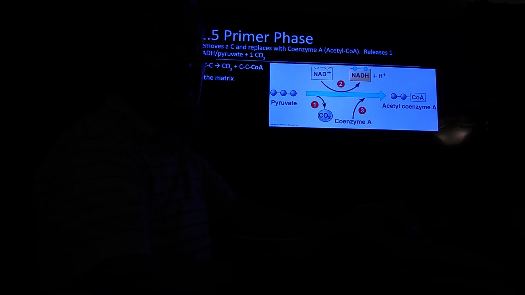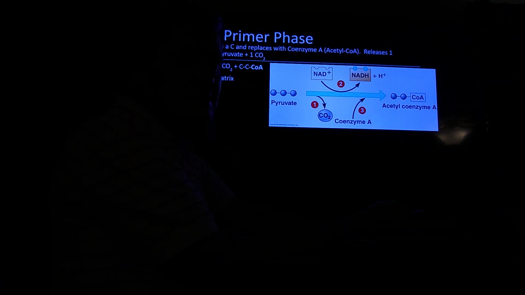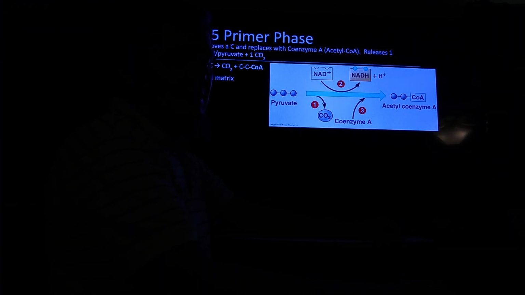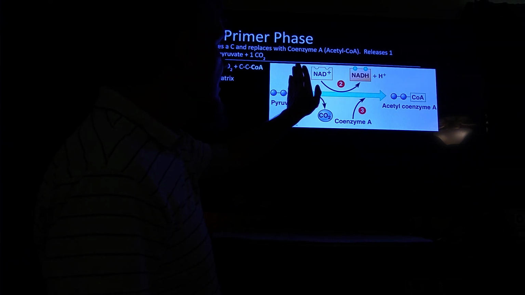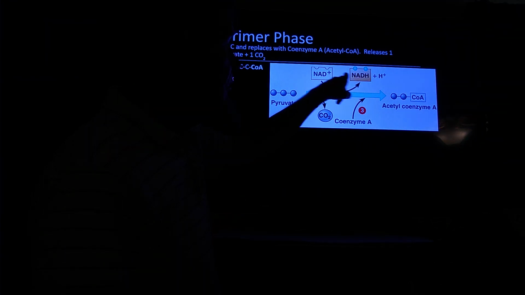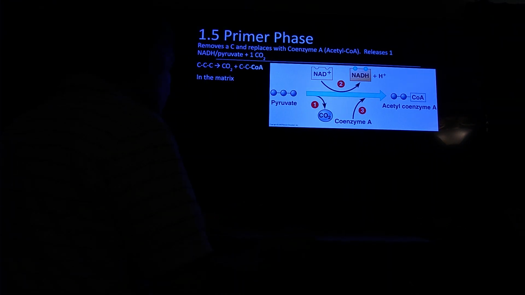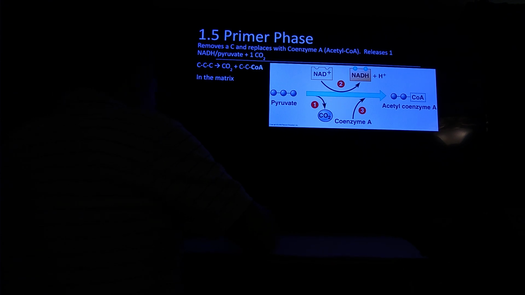So acetyl coenzyme A literally means 2 carbons with a coenzyme A on it. When I cut off this carbon and add that coenzyme, I make one more of these NADH things. Remember, NADH is what? It's a tip on the card.